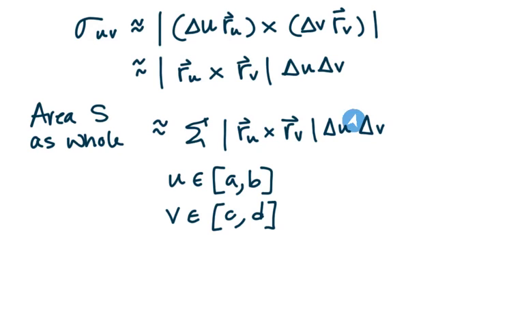So this sum we found here, we're going to let that be d sigma. D sigma is going to be equal to the magnitude of the cross product of the vector r partial u crossed with the vector r partial v, du, dv.